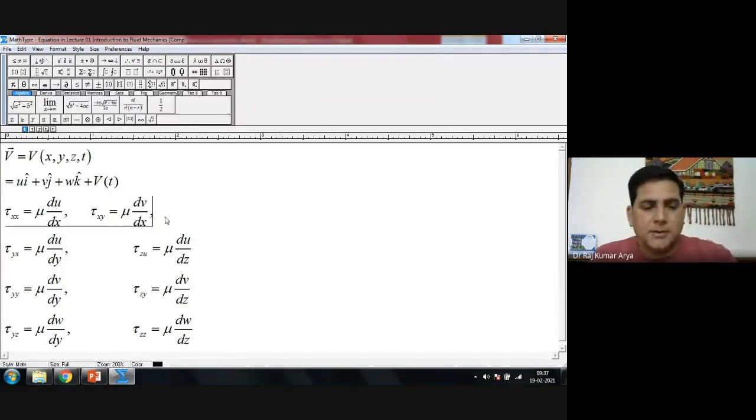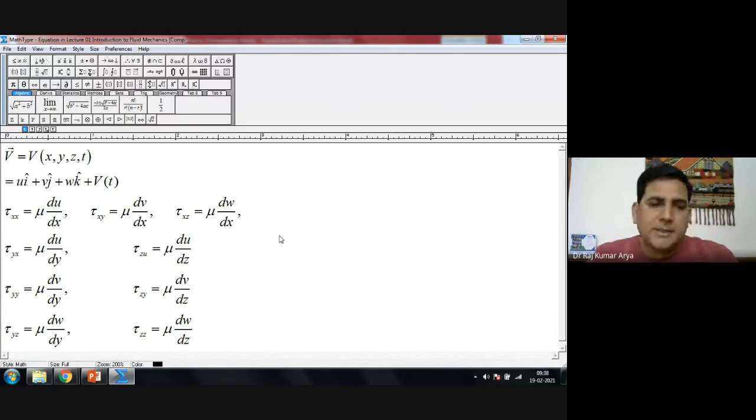So here you have defined everything for the x plane now, right? This is for the x plane in direction x, x plane in direction y, x plane in direction z.